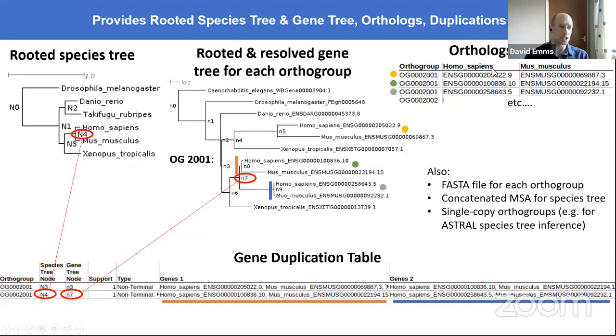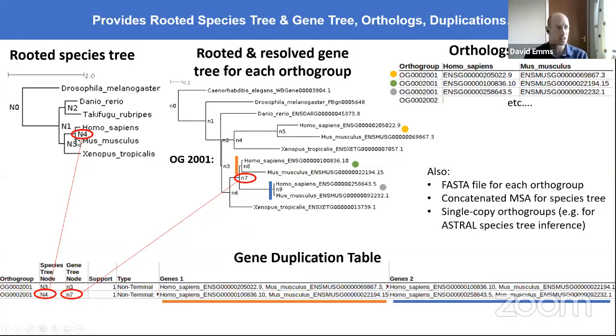For every pair of species, you get a table telling you what the orthologs are between those genes, and it references them back to the gene tree, so you can see the evidence for every single ortholog inference it makes. And you also get all your gene duplication events. So every gene duplication event that occurred since your species started diverging, and they get mapped to where they occurred in the gene tree and where they occurred in the species tree.